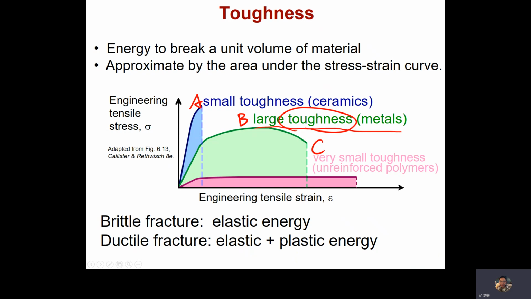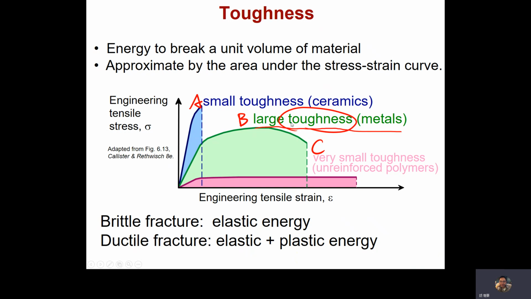So let's think this way: if the car is made of material A, what's going to happen when you sit in the car and drive and a serious accident happens?